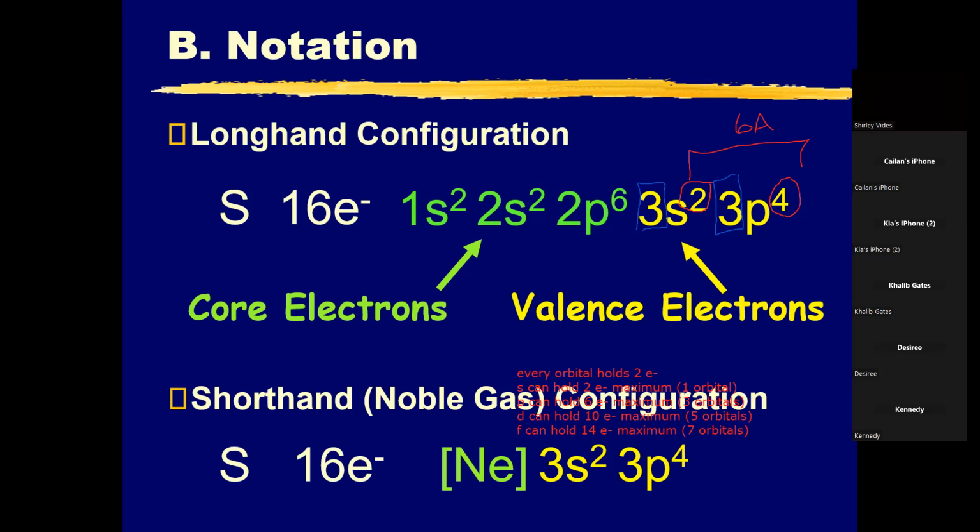And there's your noble gas. It's the one before it, okay? It can never be the one after it. It has to be the one before. And then you simply bring down or rewrite the rest of it, which is your valence electrons right here on this side. Okay, so that's basically the whole thing.